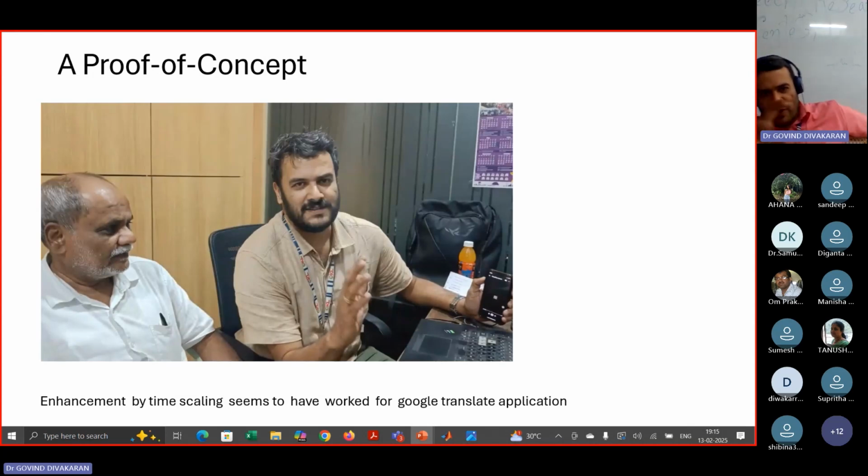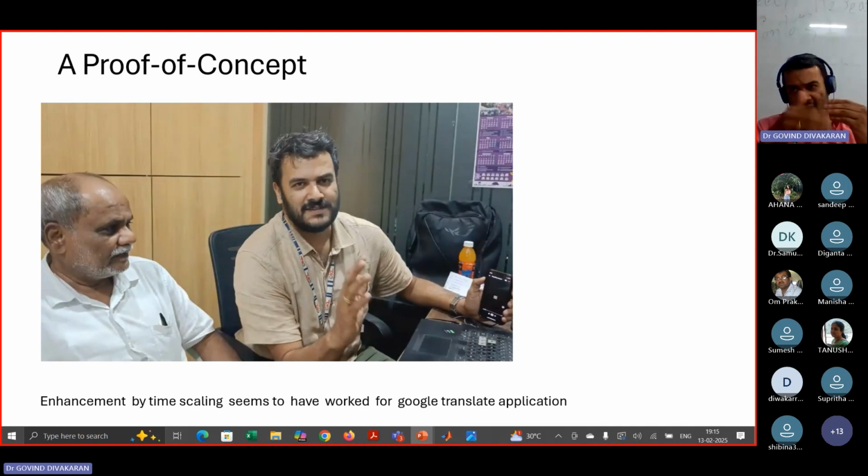This is the proof of concept that we have developed, showing that by using a simple tool that speech processing engineers are familiar with, extensively used for various prosody modification applications or speech emotion synthesis applications, we can use it for this particular purpose to enhance the perceptual quality of speech.